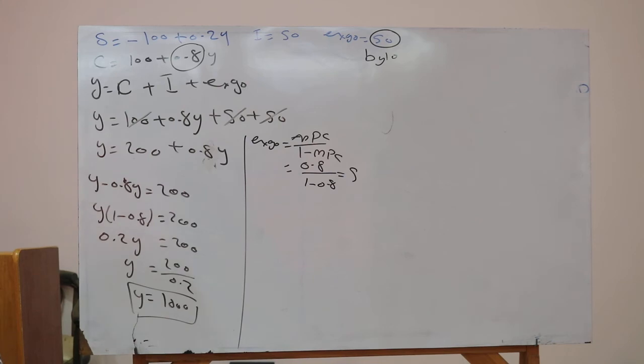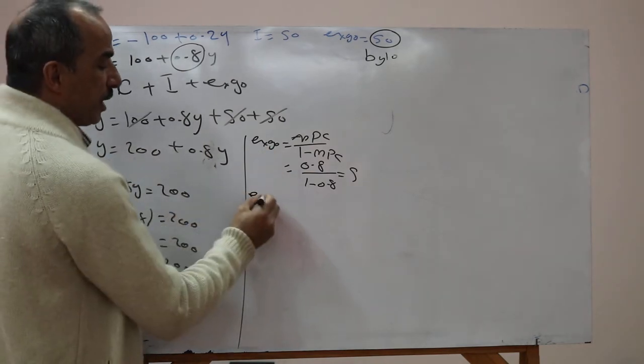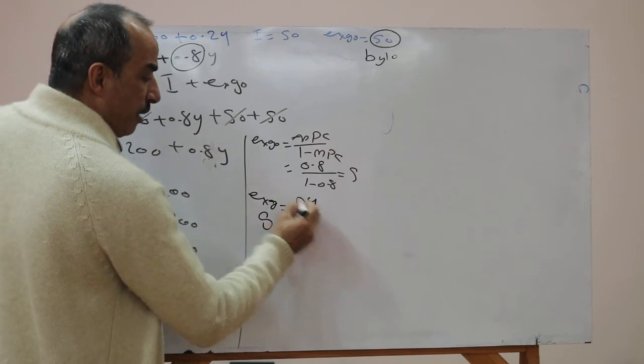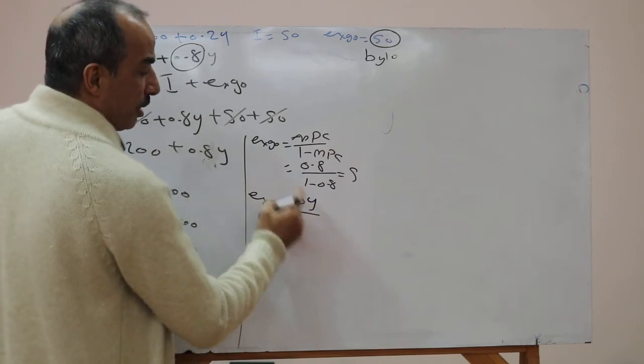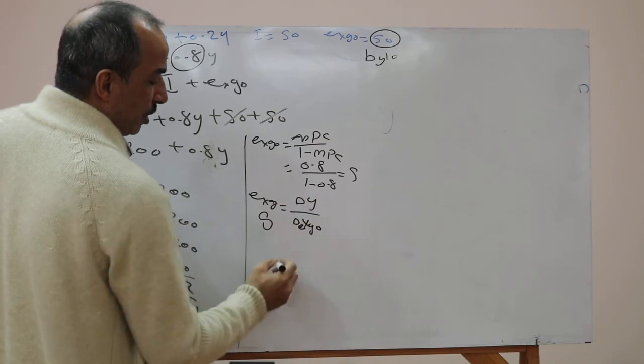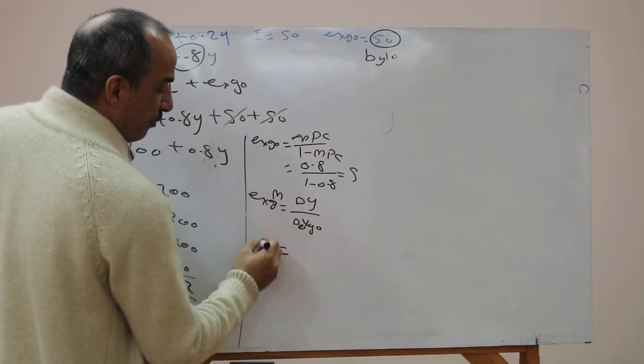Meaning the government expenditure multiplier equal 5, which is change in income out of change in government expenditure.